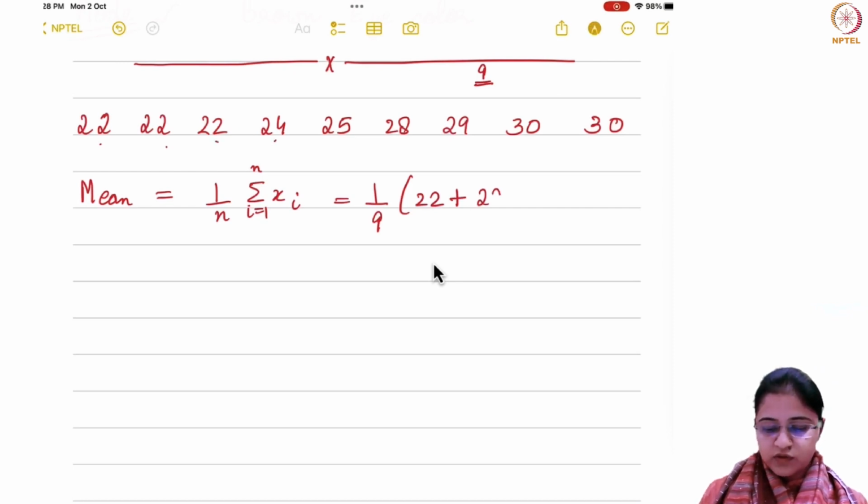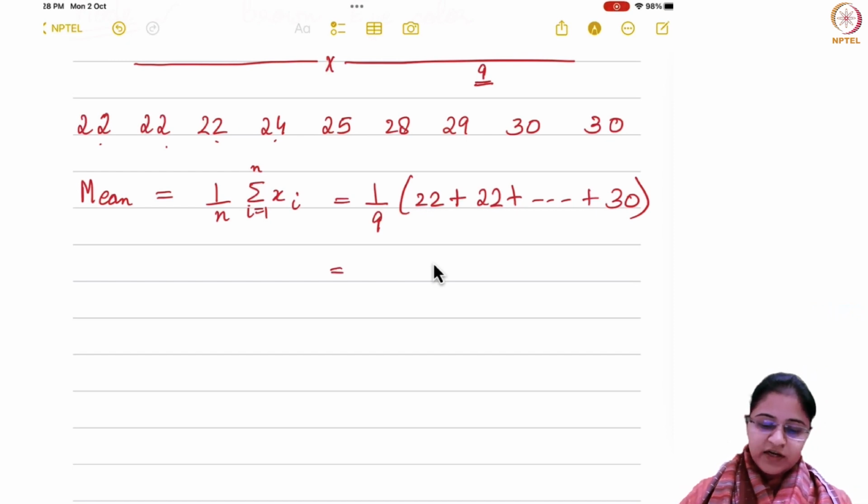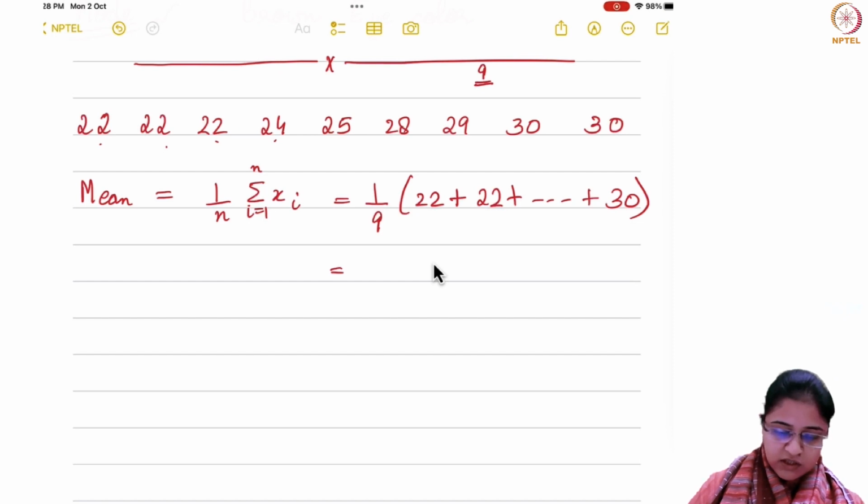So 22, and if you keep on adding and then substitute, you can see that it comes to 232 divided by 9, which is approximately 25.7. Okay, you can cross check this.